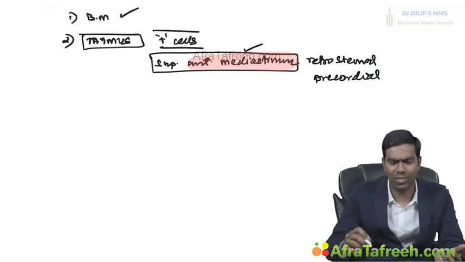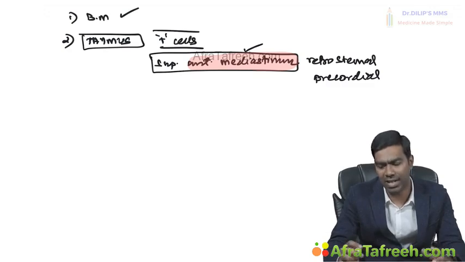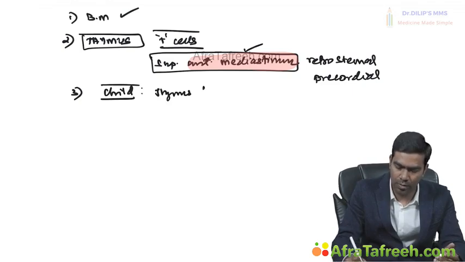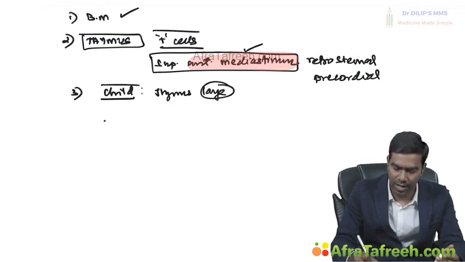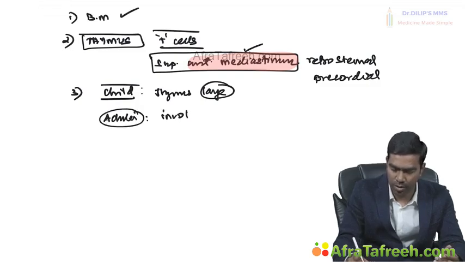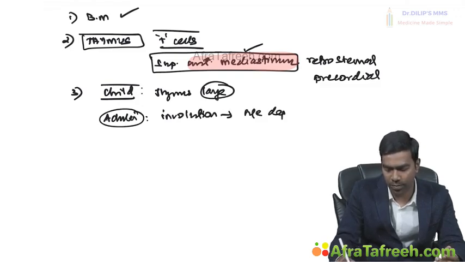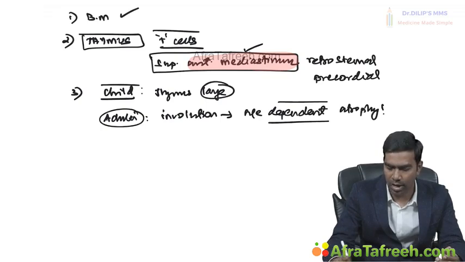Then, the thymus is one of the very active glands in childhood. For example, if you ask what happens in a child, the thymus usually is very large, whereas in adults it goes for involution, called thymic involution, or age dependent atrophy.